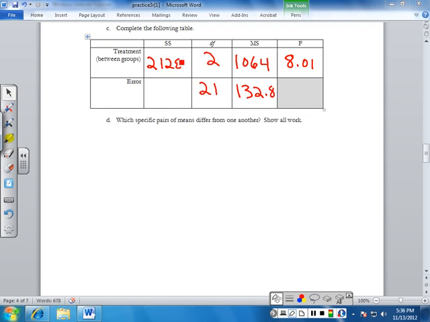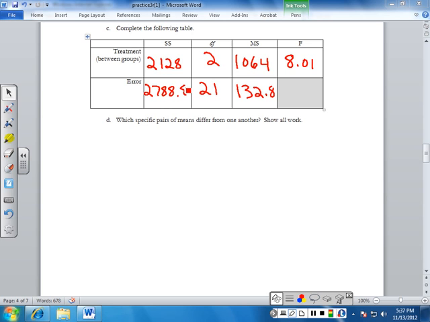And then for the error, it'd be 132.8 times the 21, or 2788.8.